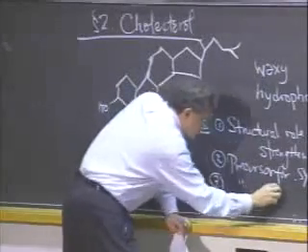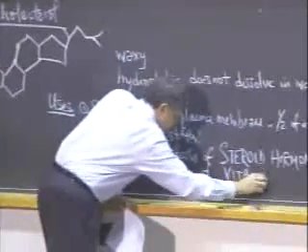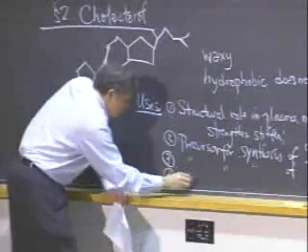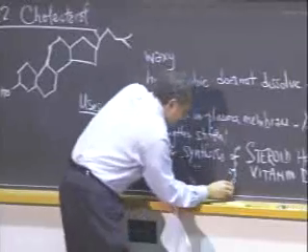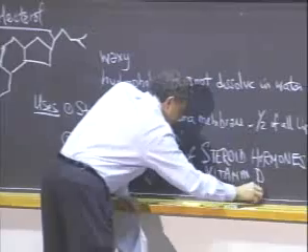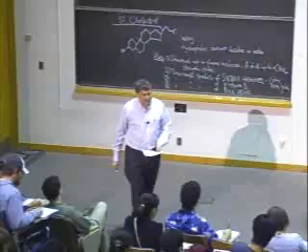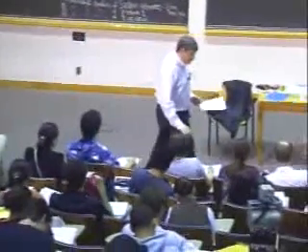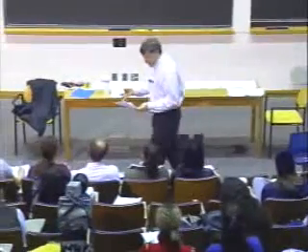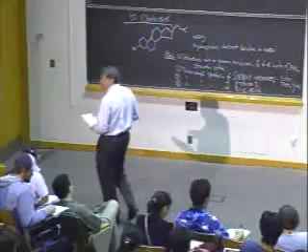It's also a precursor for the synthesis of vitamin D. And it is a precursor for the synthesis of bile acids. When your body takes in triglycerides in your food supply, and you need to transport fats like triglycerides across your intestine, they need to be emulsified.